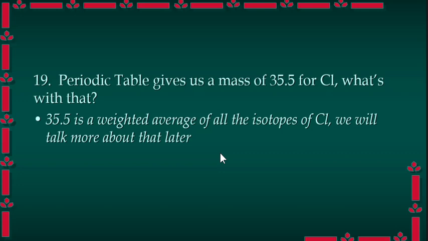So how do they arrive at 35.5? They take the average of it. Now, it's not just an average, it's a weighted average. It's kind of like, have you ever had a teacher that always, every grade you got was out of 10 or out of 12 or out of 100? If it was an itty bitty little homework assignment, it was out of 100. If it was a little quiz, it was out of 100. If it was a big old test that was very important, that was the accumulation of 3 weeks worth of work, it was out of 100.